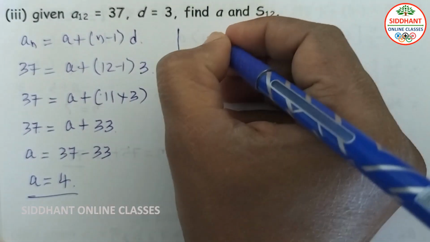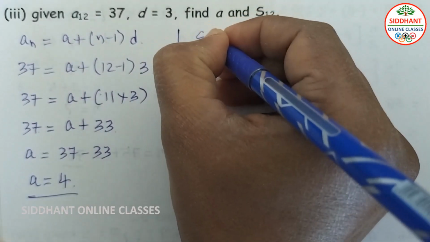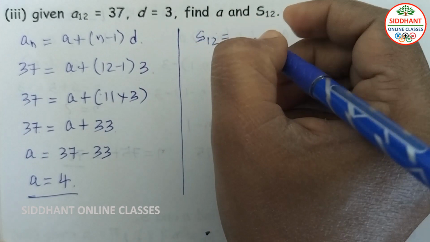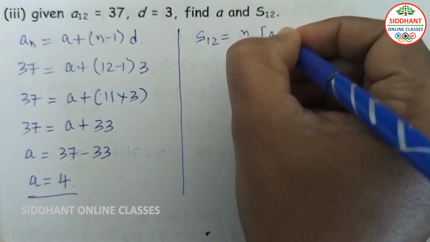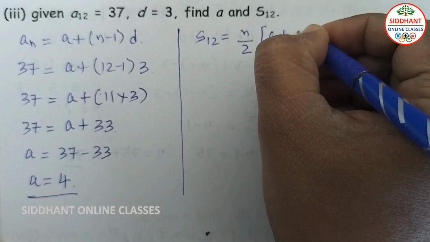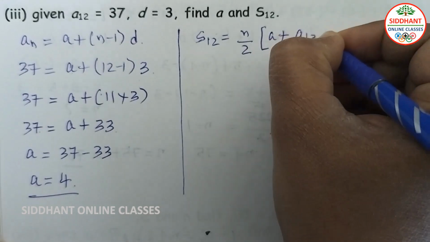Now we are going to find s12. S12 equals n by 2 into a plus a12.